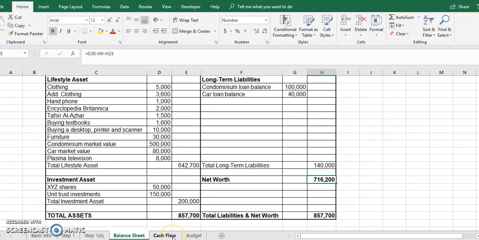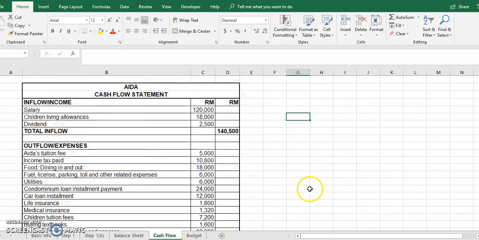Once you have done with that, let's move on with the cash flow. Cash flow has two important items, which are cash inflow and cash outflow. Anything that you receive, you record as an inflow. In this case, salary, children's living allowance, and dividend are the cash inflow items.